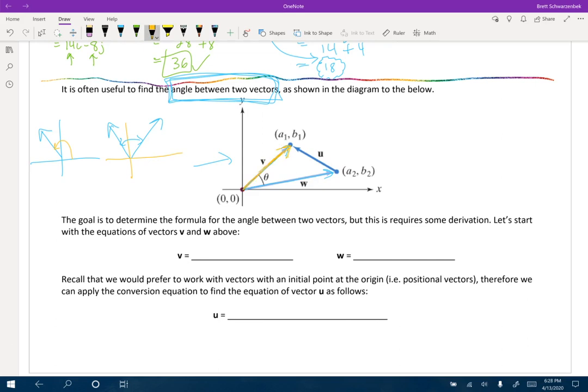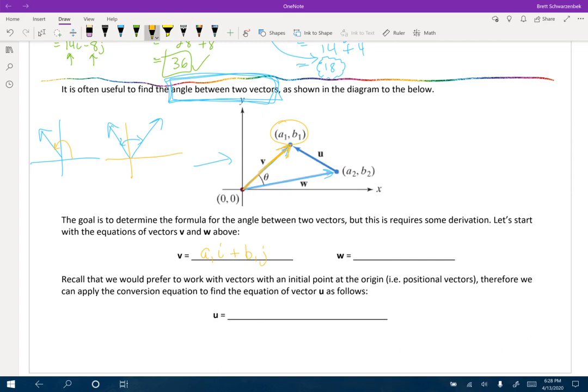So normally we name a vector if it's positional, i.e. it's coming from the origin, which it is. We usually name the vector using the coordinate that the endpoint reaches, or the terminal point. So this vector is actually going to be a1i plus b1j. Okay, just like it always had been.